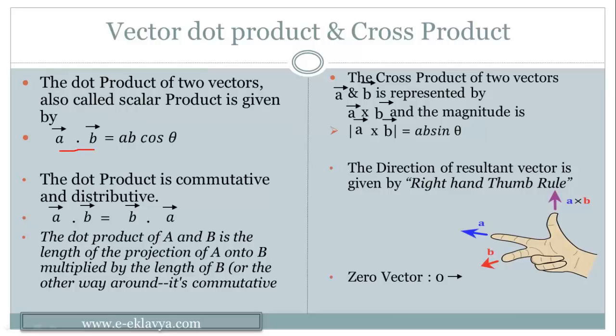The length of projection of A onto B is A cos theta, and you multiply it by B. Either way, it is the length of projection of B multiplied by the magnitude of A. That is the scalar product, called the vector dot product.